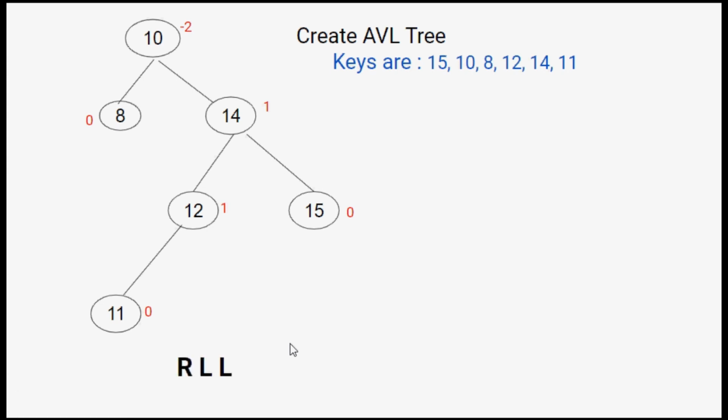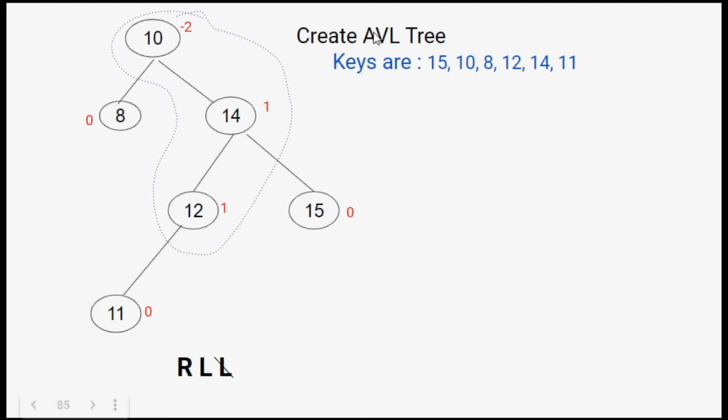But you need not consider all three rotations. We will consider only the first two rotations, that is right and left. We'll discard the third rotation, that is the left rotation. We'll consider only the first two rotations, that is right and then left.